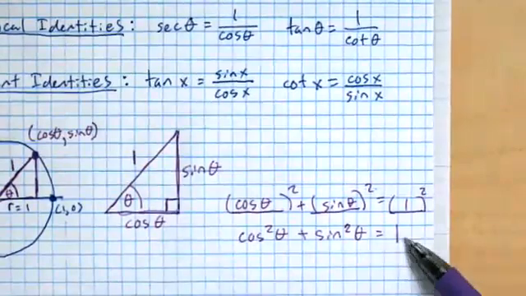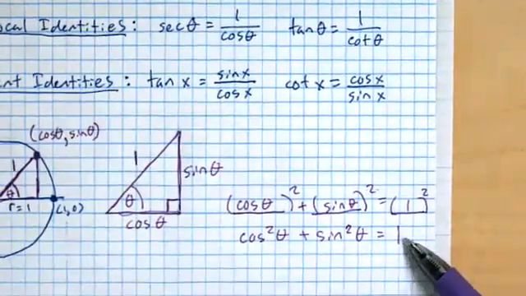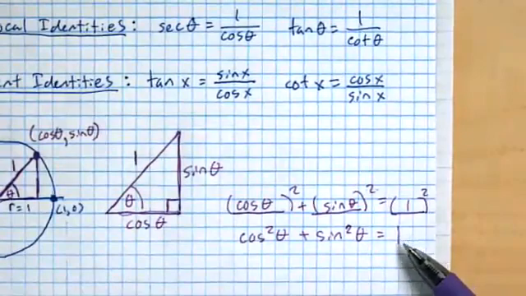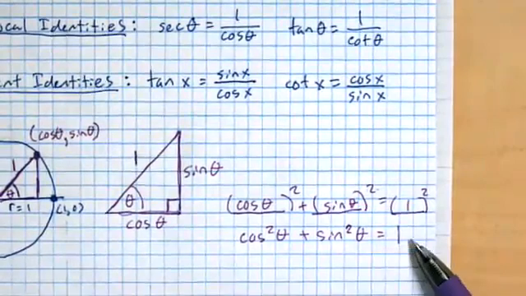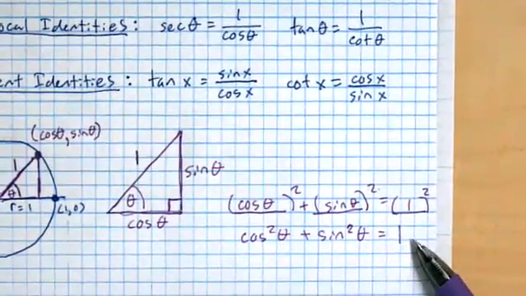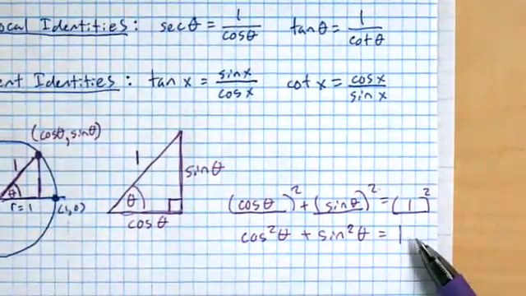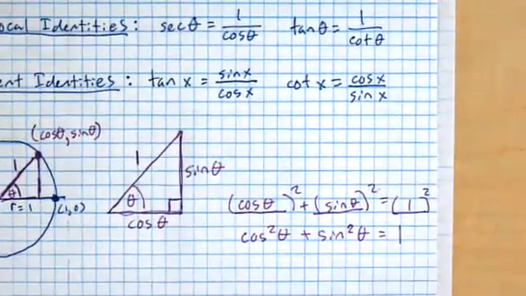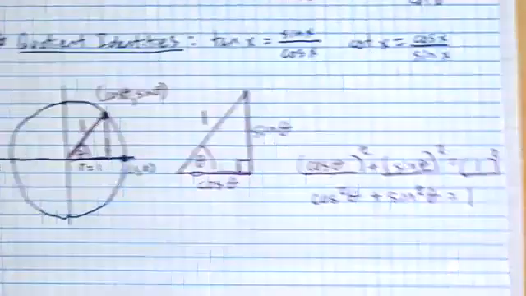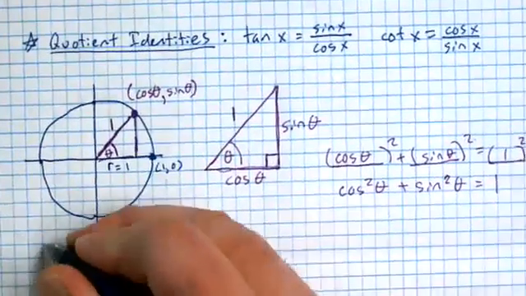This is going to become super important. You guys are going to use this almost always. Like every single homework assignment for this entire unit, you'll be using this one. And you're going to get really good at watching for those sine squared plus cosine squared. So those are called our Pythagorean identities. And I want to show you how to memorize the other 2.